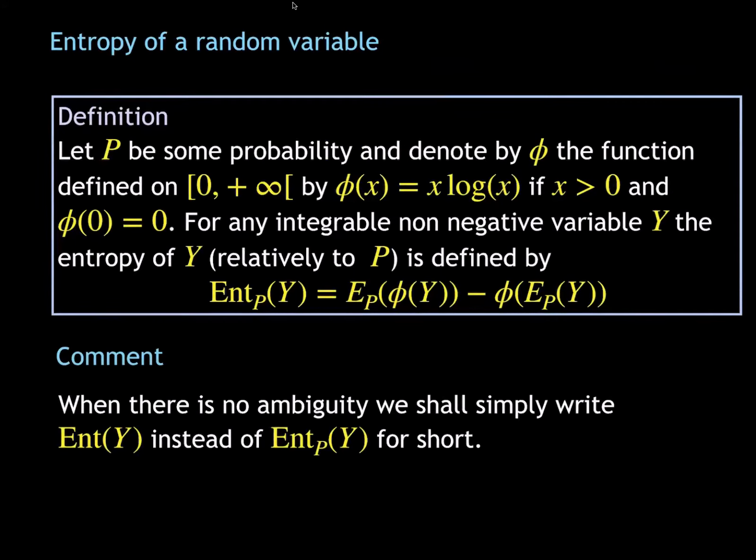So this is simple. You simply consider t tilde, which is t over expectation of t.